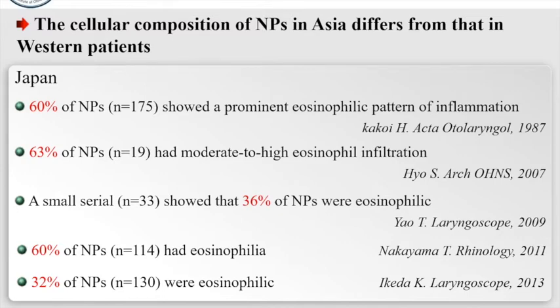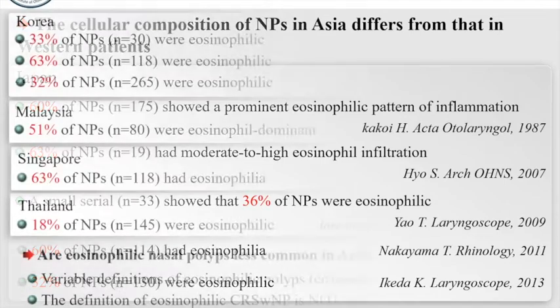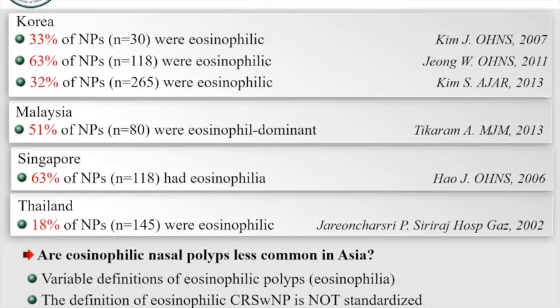The other two studies reported lower percentages, only 32% and 36%. Low percentages of eosinophilic inflammation were also reported in Korea, 32%, 33%, and 63%. Malaysia, 51%, Singapore, 63%, and Thailand, only 18%, which is astonishing.